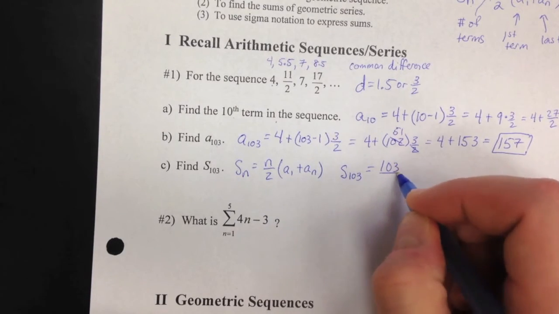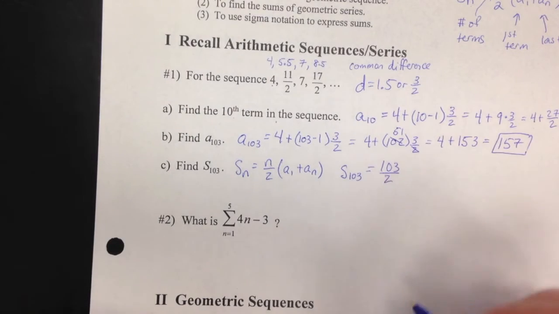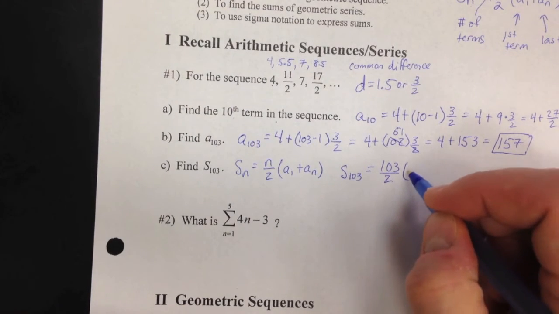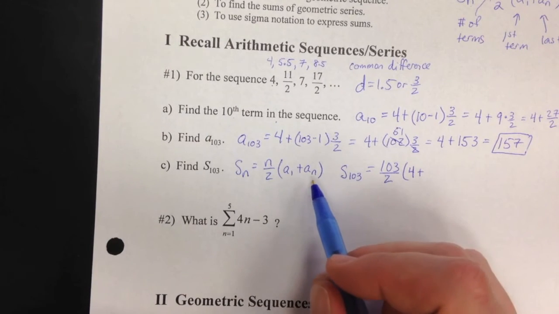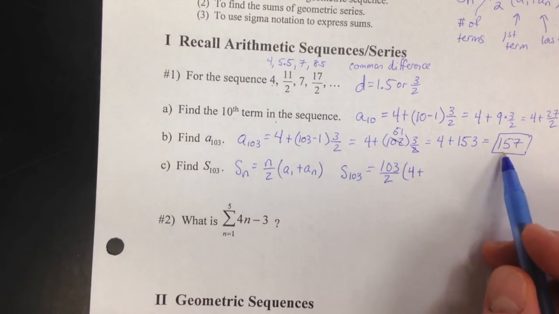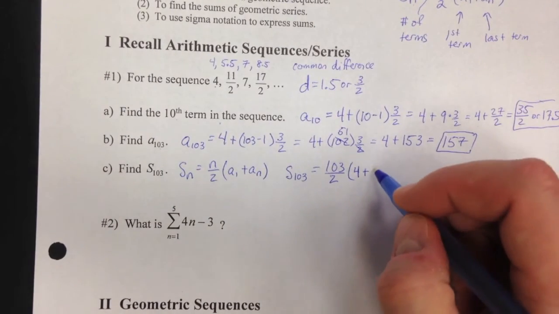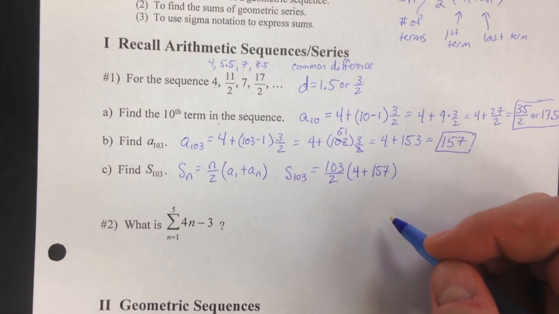We're finding the sum of the first 103, over 2 times the first term 4 plus the last term a sub 103. We just found it. It's 157. So it's 4 plus 157. And then we're going to simplify from there.